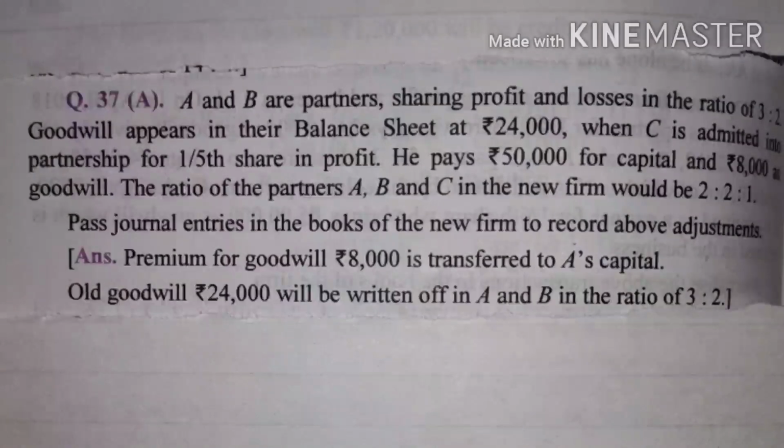So if in a question you are told that goodwill already appears in the old balance sheet, it means that it is wrongly appearing in the old balance sheet and you need to write off that goodwill. So we'll have to do that also in this question.